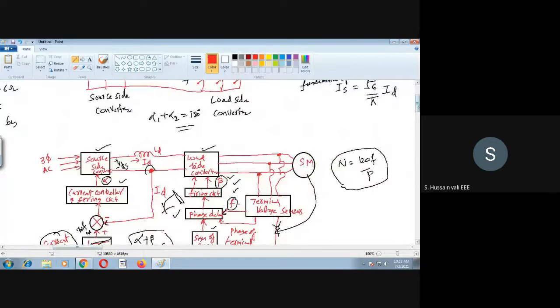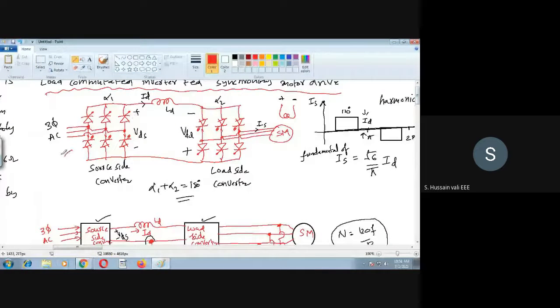You can call this the line commutated converter, whereas this you can call the load commutator inverter. So that's what he said. So this is the line commutated converter. This is the load commutated inverter.